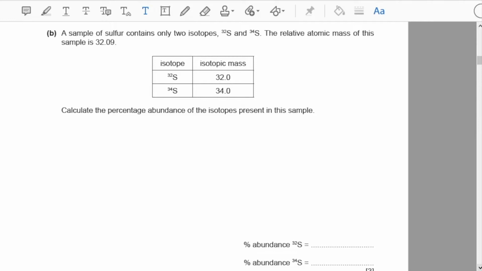So the formula is relative atomic mass is equal to first isotopic mass multiplied by its abundance plus second isotopic mass multiplied by its own abundance. This whole gets divided by 100.